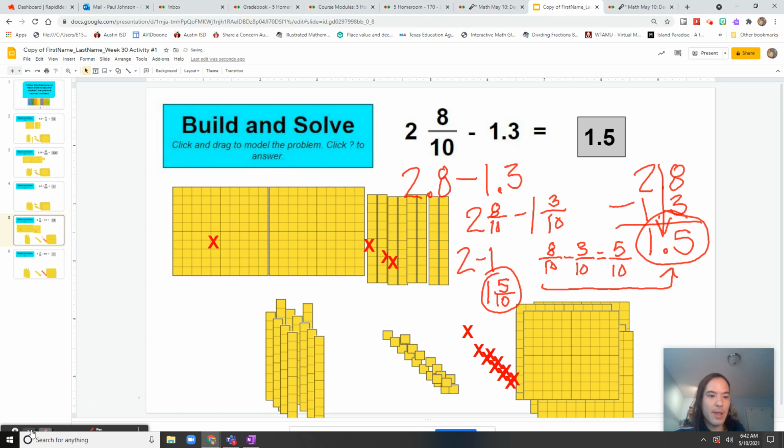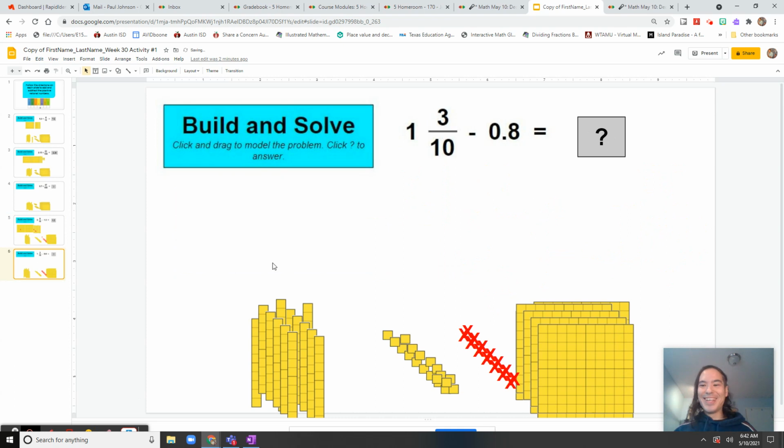All right? And then finally, do the same thing for this last one. Go ahead and try it on your own. I'm freezing up. My computer is freaking out. So, same thing. Change that to 1 and 3/10 as the decimal.